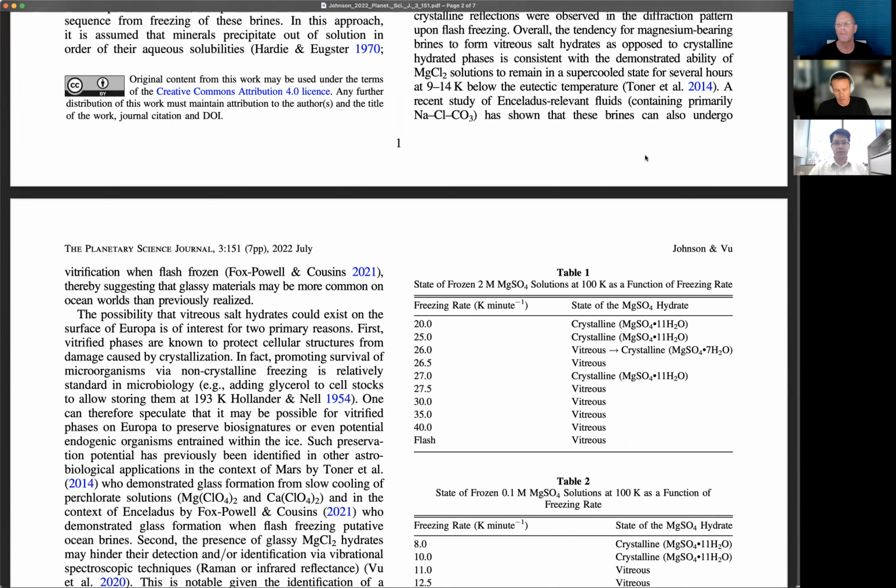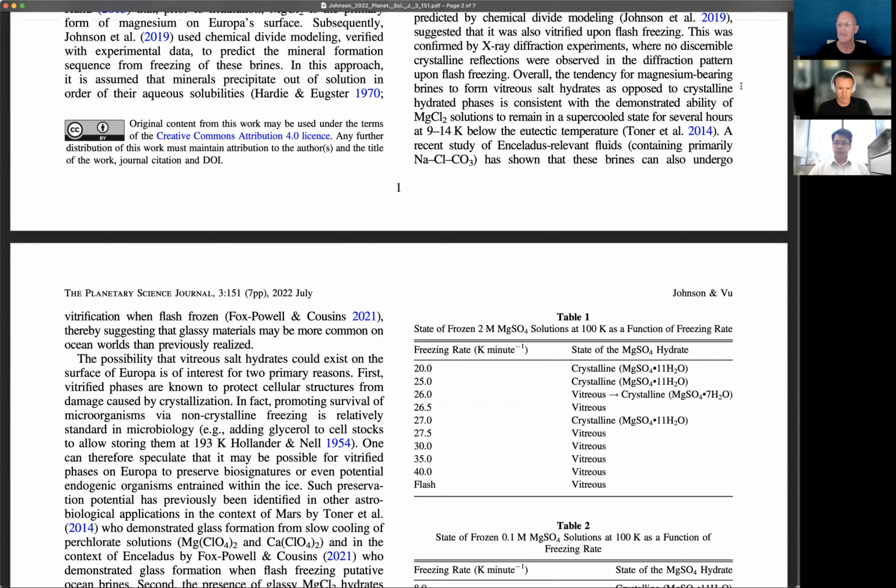Right. So we thought, can we explore the range of scenarios over which these form, and therefore potentially broaden the applicability of this thought to different areas of ocean expression that haven't gone through this extreme flash freezing scenario?